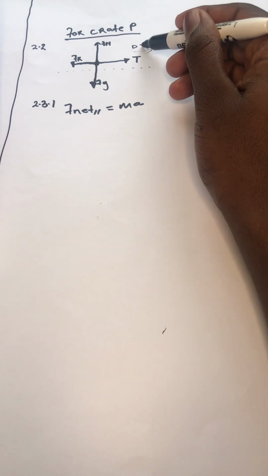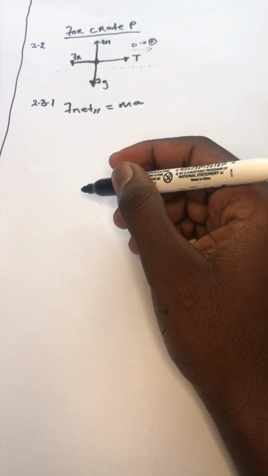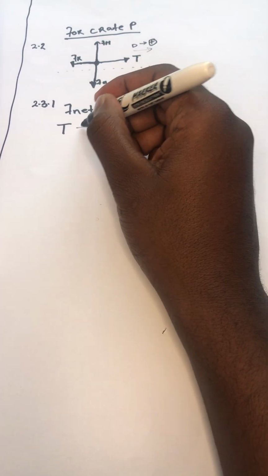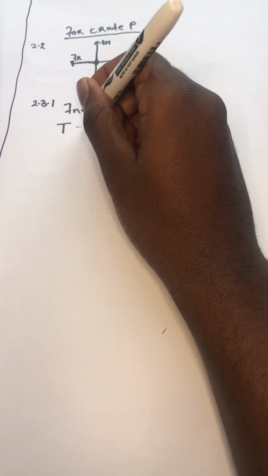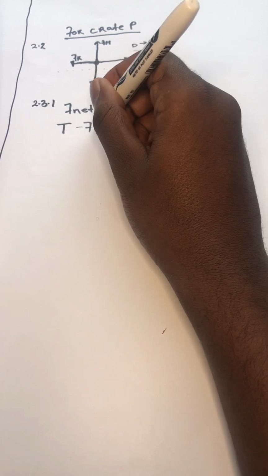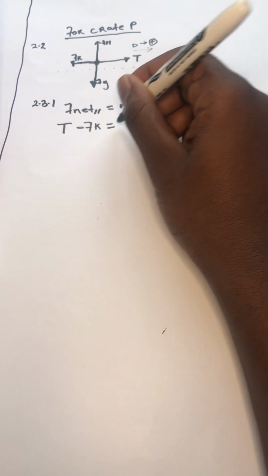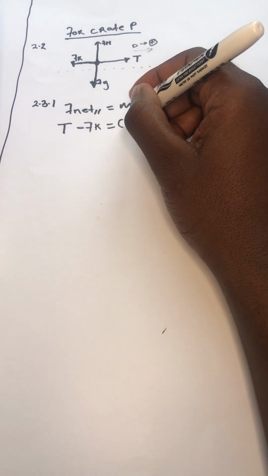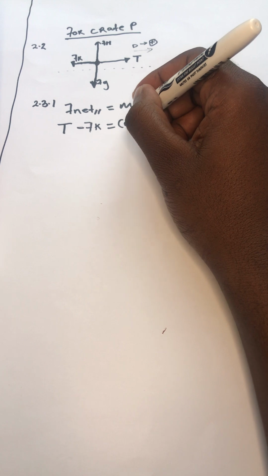Okay, so the direction of motion must always be positive. So this is T, the opposite direction would be negative, minus Fk is equal to mass, it is 1 point, let me write MA.